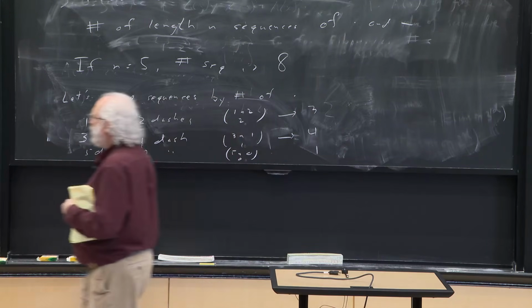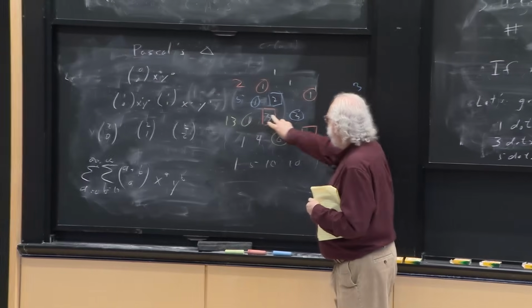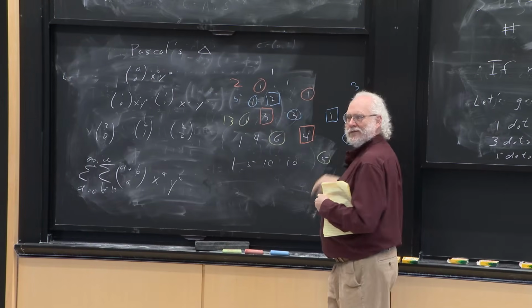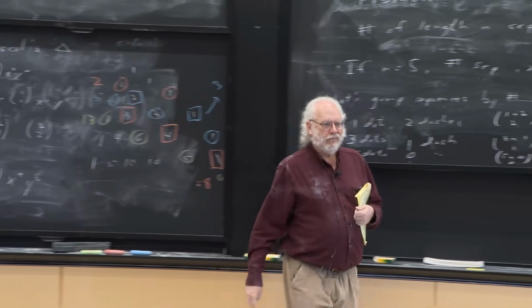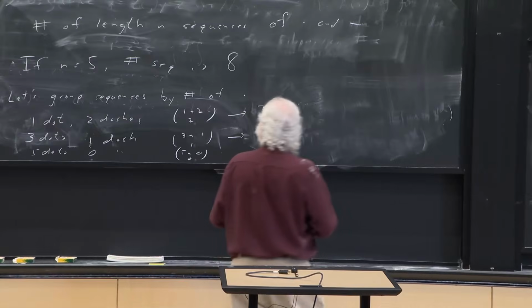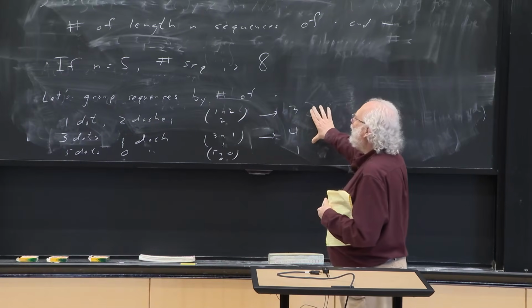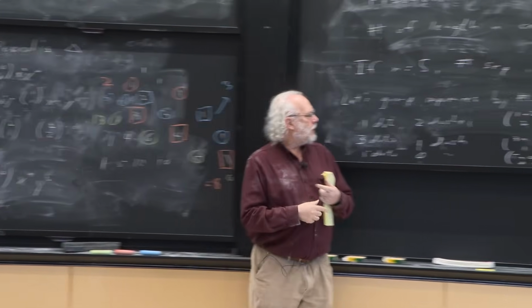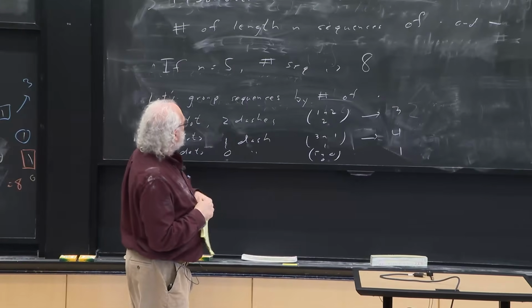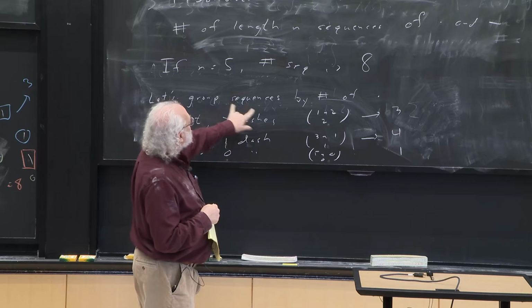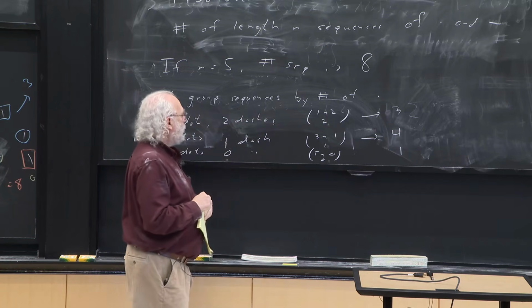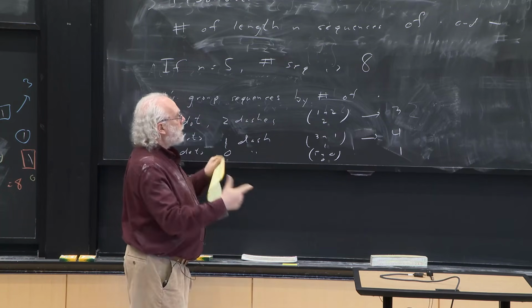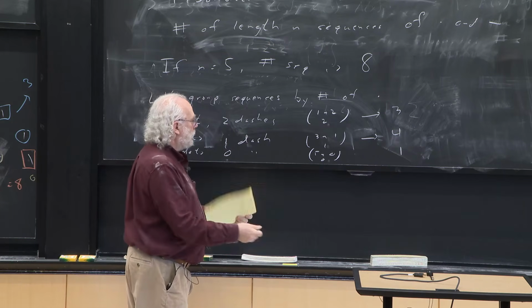And that corresponds to this diagonal, 3 plus 4 plus 1. So this is a way of proving this formula by counting things in two different ways. You count the number of sequences of dots and dashes of length n, and first you say that's the Fibonacci number.